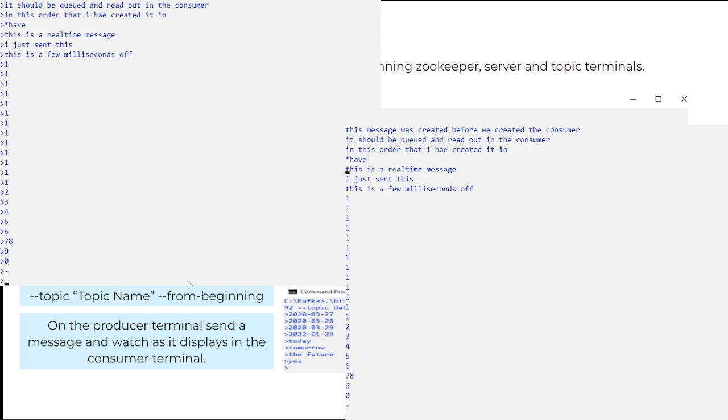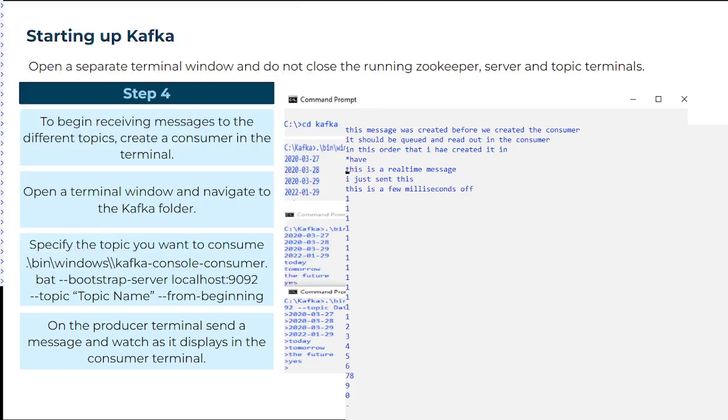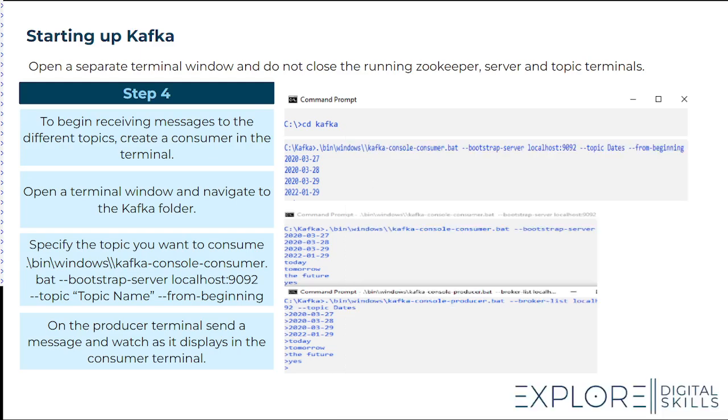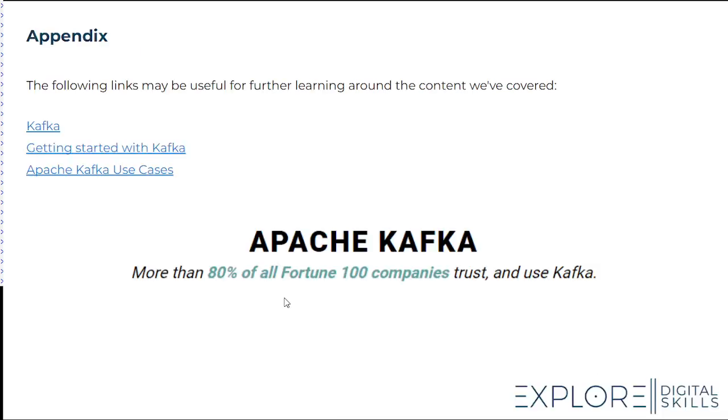So I imagine in something like a bank, they would have immense uses for something like this to be able to update your balance as you go forward. So these are some of the practical uses in which you would then have Kafka showing off its actual work.